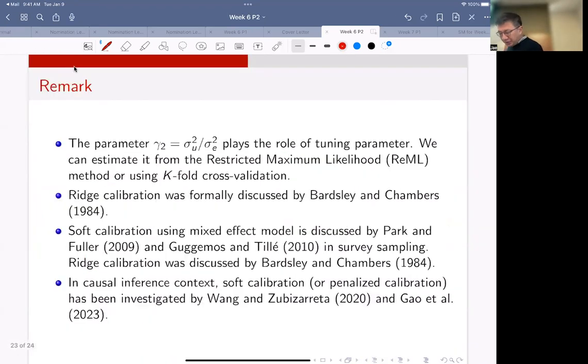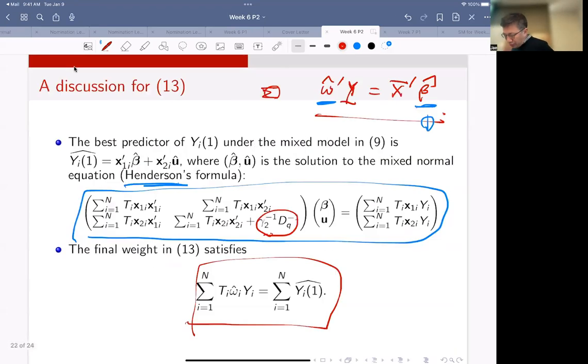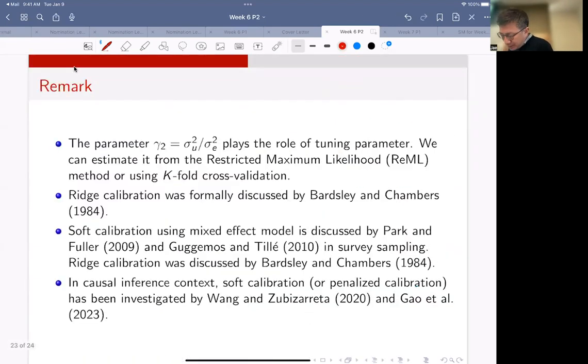By the way, let me finish up this. So this gamma 2 plays the role of what is sometimes called the signal to noise ratio. It is the signal of the random effect relative to the white noise.